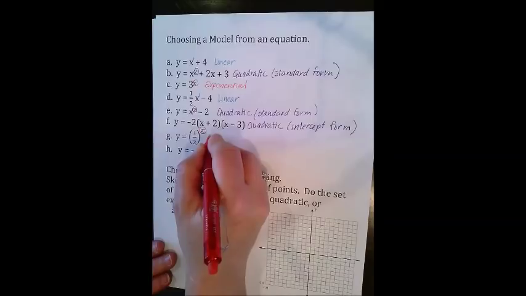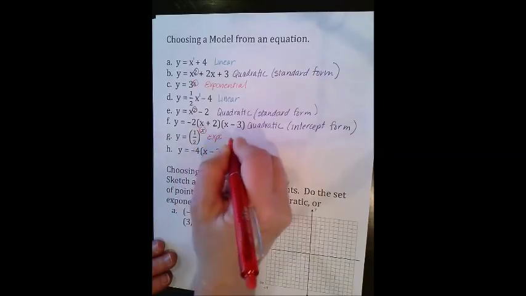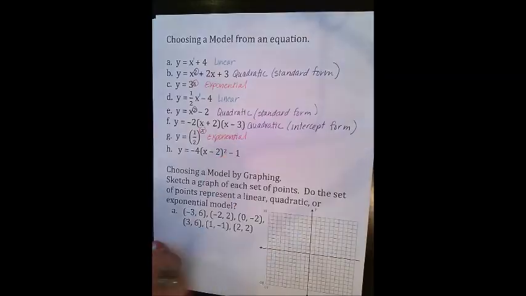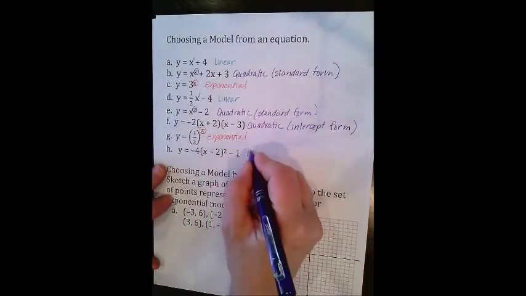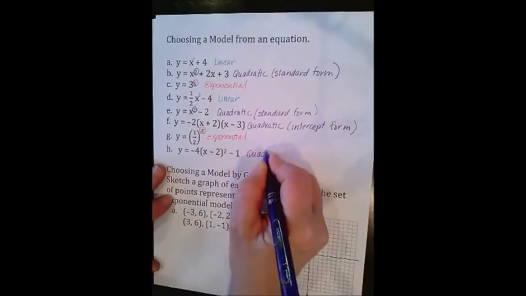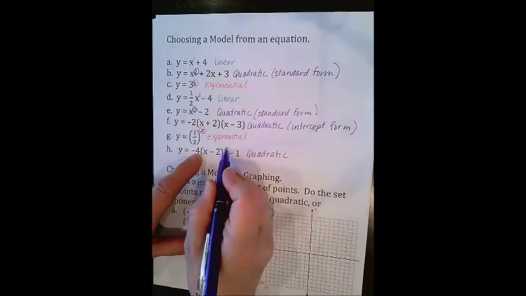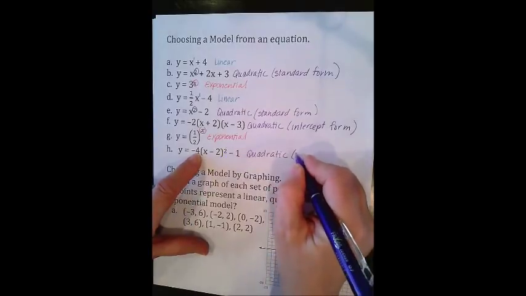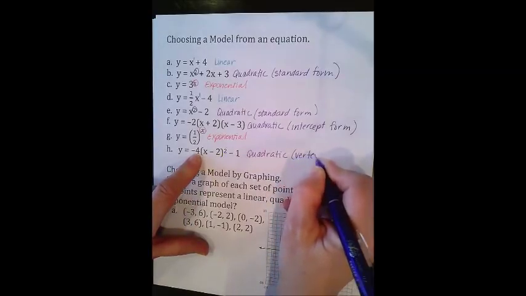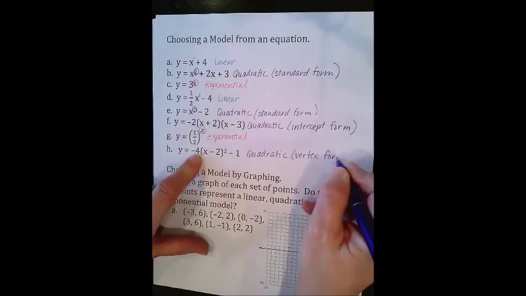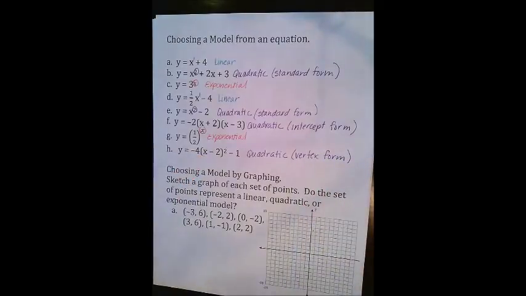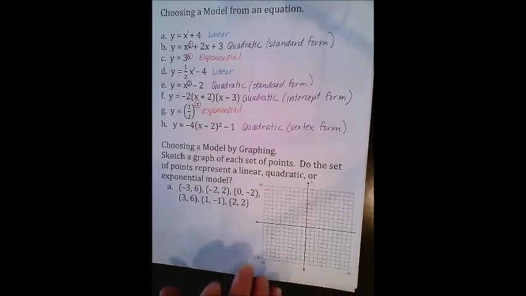That means that it's exponential. And this last one is quadratic. This is one of my favorite forms of a quadratic. When you have a single parenthesis squared, that form is vertex form. And the reason I like it is it's really easy to figure out what your vertex is without really having to do any work. So that's the vertex form.